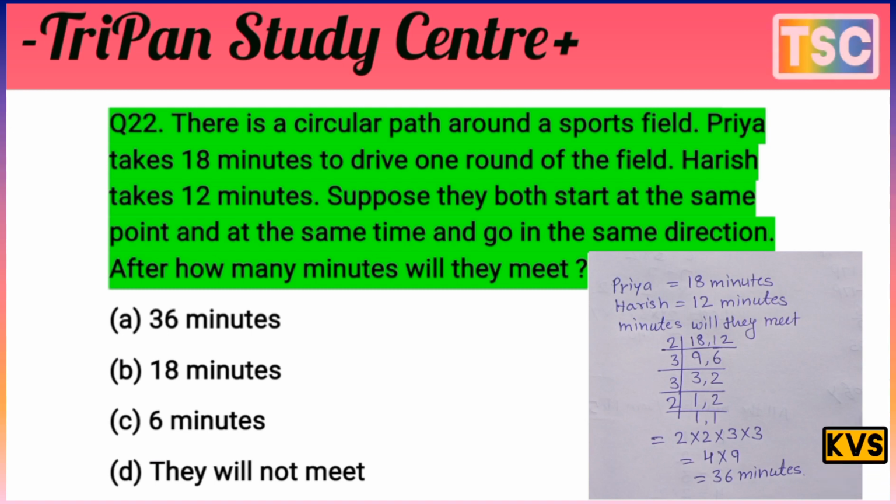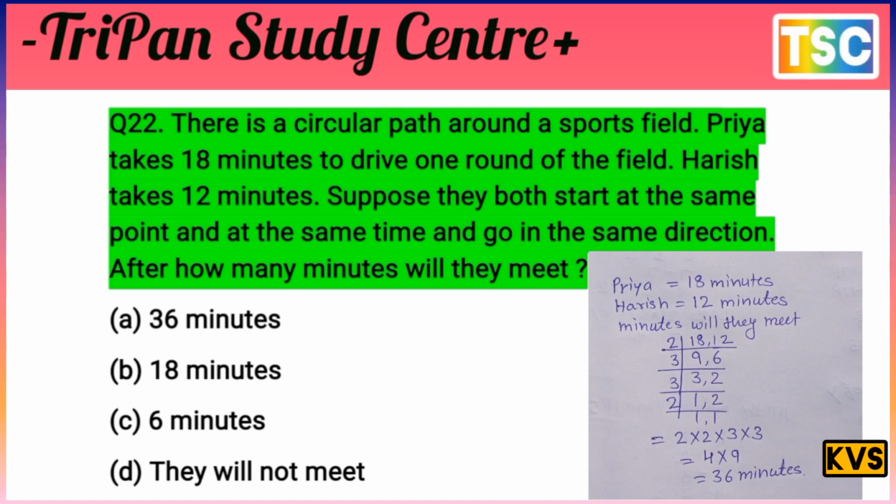It means we take the LCM, the lowest common multiple. 18 factorizes as 3 into 3 into 2. And 12 factorizes as 2 into 2 into 3.